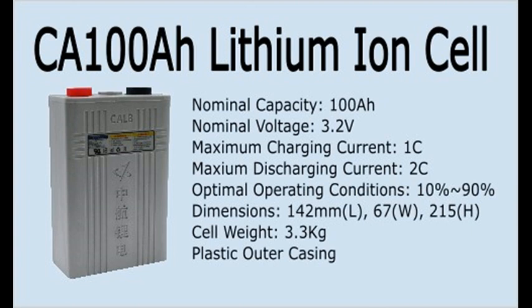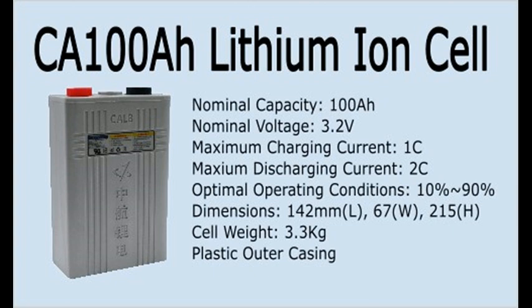C simply means capacity. So the discharge rate would be 2 times the capacity rating. With a 100 amp hour cell, with a continuous discharge rating of 2C, it means that the cell has a continuous discharge rate of 200 amps.